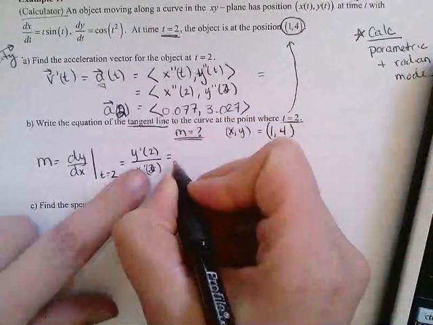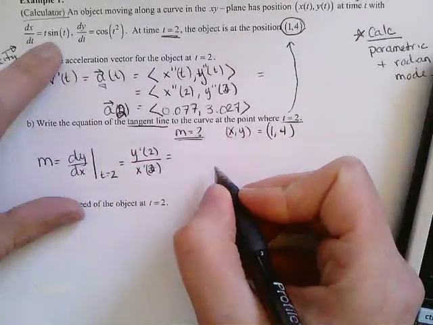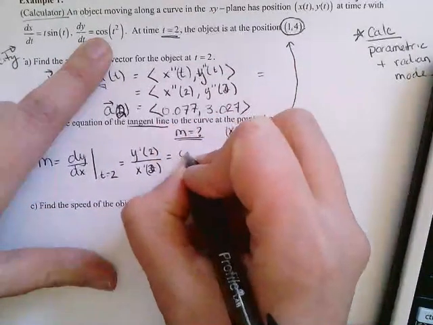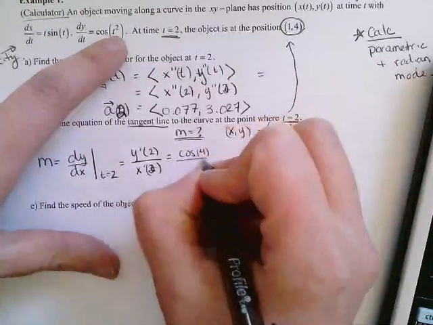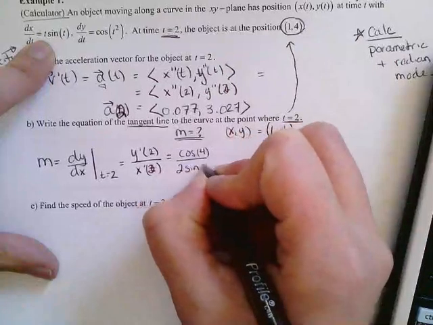So basically you're going to evaluate your derivative function, which they already gave to us. So my y prime of 2 is going to be cosine of 2 squared, which is 4, divided by x prime of 2, so that's going to be 2 times sine of 2.